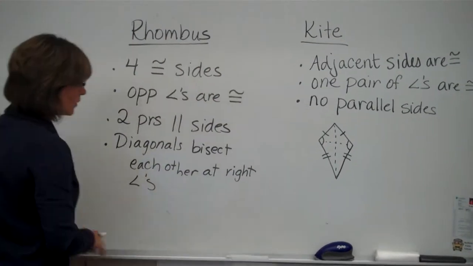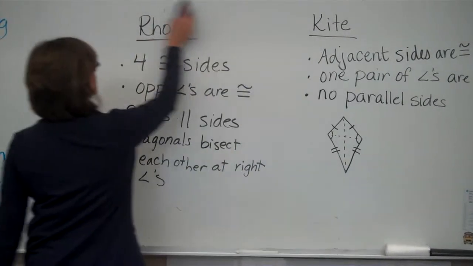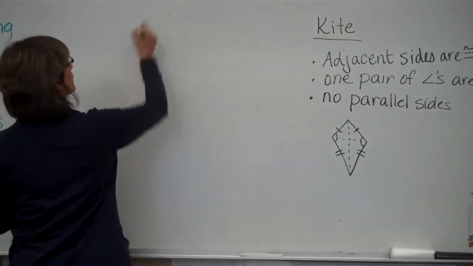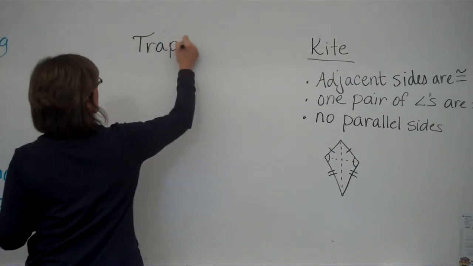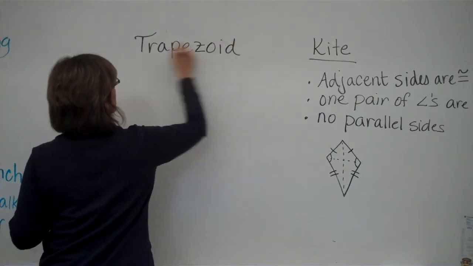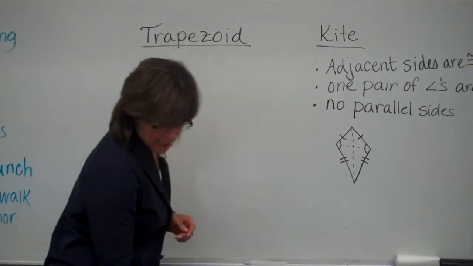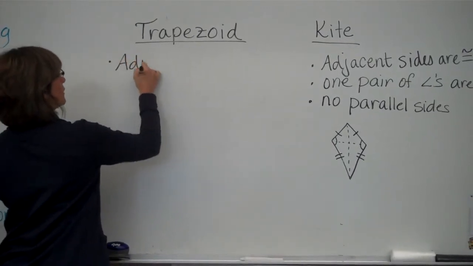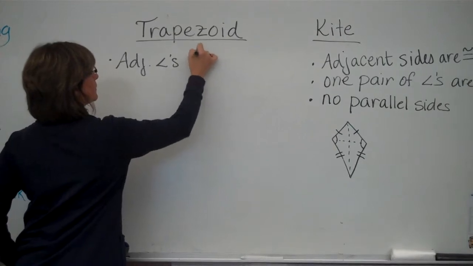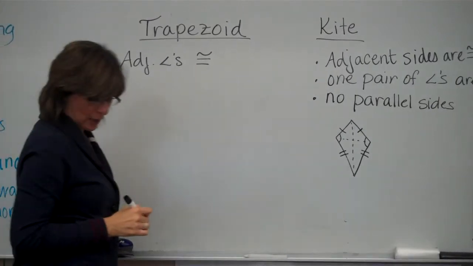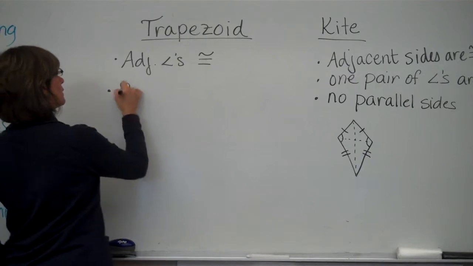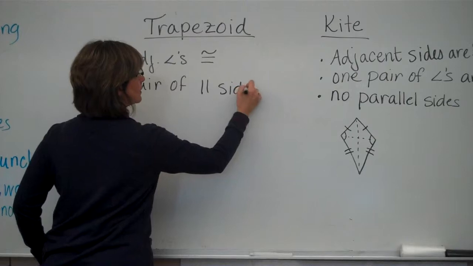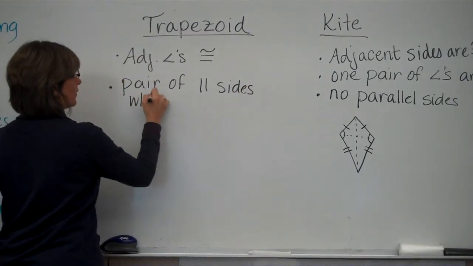Okay, and then the last thing we're going to talk about is the trapezoid. The trapezoid is another quadrilateral, and it's going to have adjacent angles which are congruent. It's also going to have a pair of parallel sides which are called the bases.